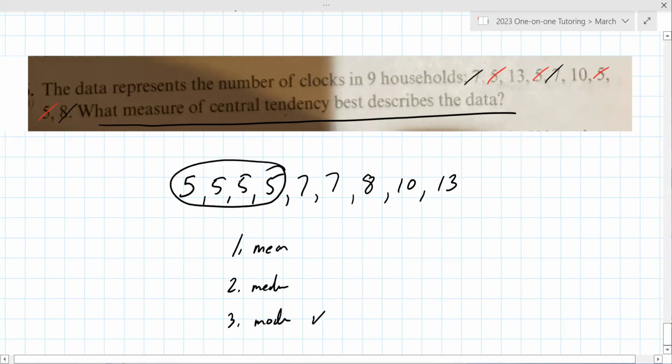It's kind of situation specific, but I think that's probably the direction they're leaning. The difference between the mean and the median depends on whether there's outliers or not, and there are no outliers. So I would suggest going with the mode on this one.